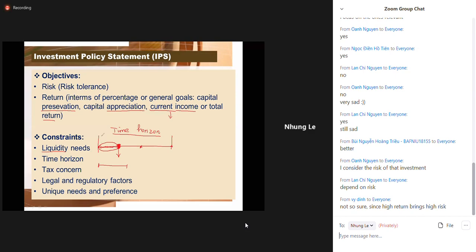Okay, even though you have 30 years to invest, however, after 10 years you need some money. That explains why to think about the liquidity as well. We have to choose and combine those stocks. Okay, we can wait for more than 10 years for some, but those other stocks we cannot wait.